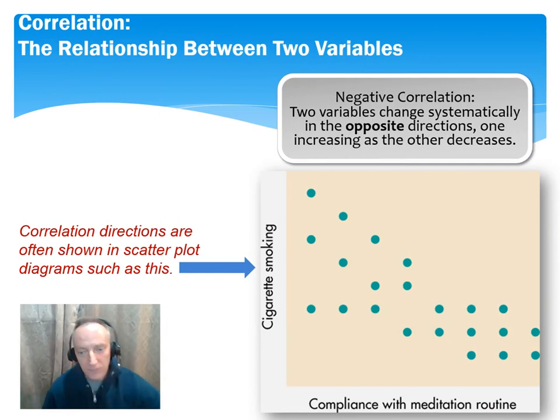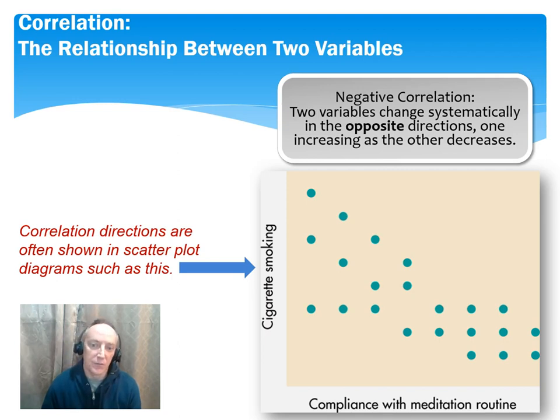A negative correlation means that as one variable is increasing, we can predict that the other one is going to decrease. So this shows compliance with meditation and cigarette smoking has a negative correlation. So the more you have of compliance, we can predict the fewer cigarettes you smoke.